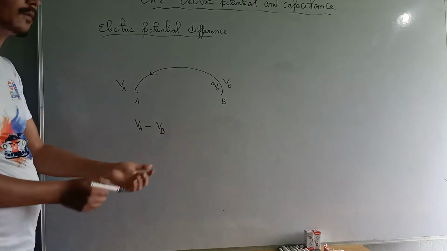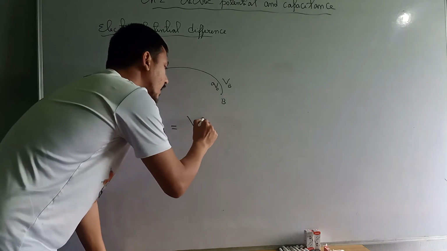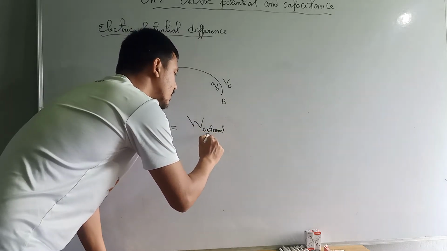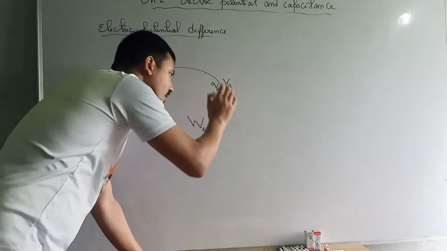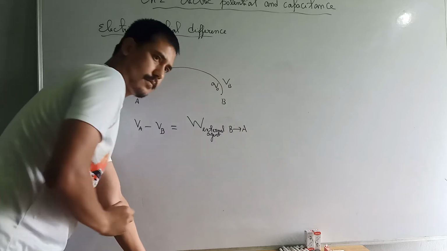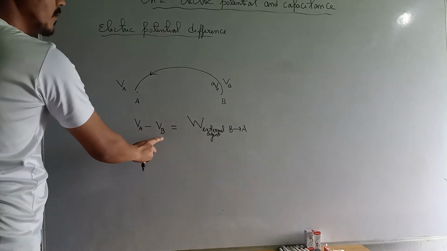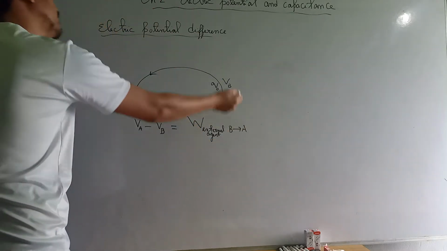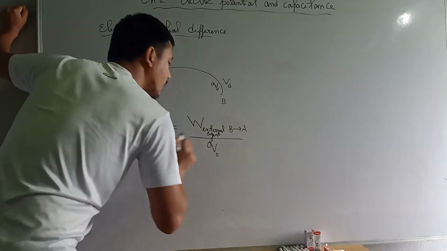VA minus VB is defined as the work done by the external agent in bringing this test charge from B to A, upon Q0.